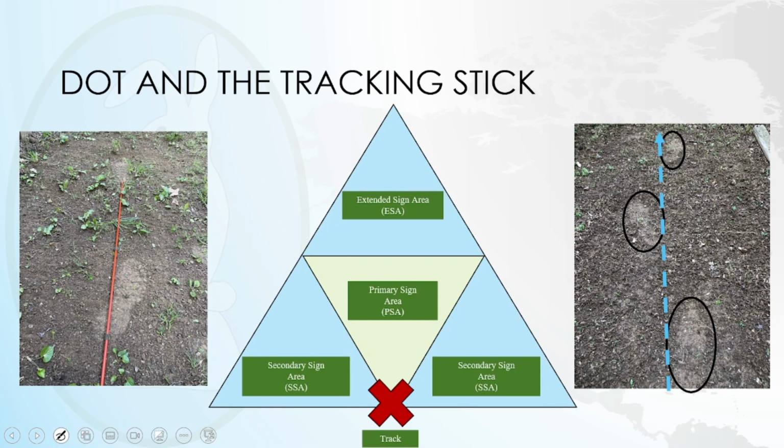Beyond the primary sign area is the extended sign area. This is where the tracker can predict some of that movement based off of terrain and vegetation, roughly 3 or 4 theoretical steps in front of that primary spore area. If you have the ability to look out ahead to see where something may be funneling, to see where something may be pushing a victim towards, you still want to stay back here on this track, but you can look out ahead and start to predict some of that movement up here in the extended sign area.